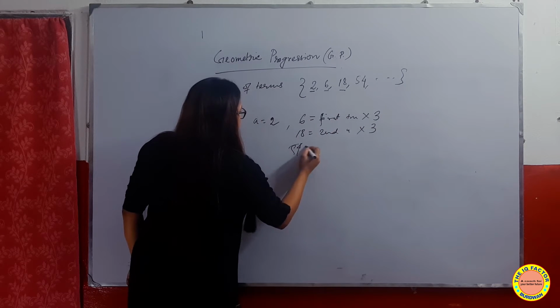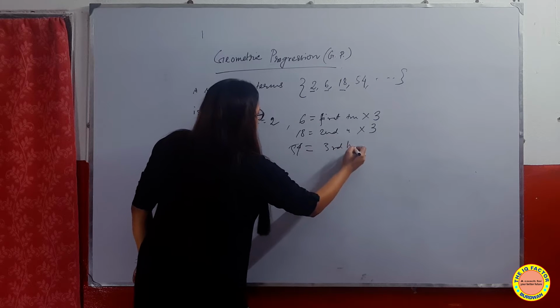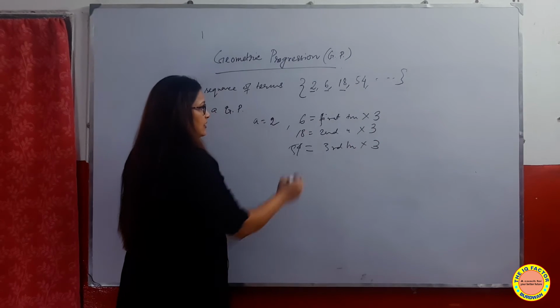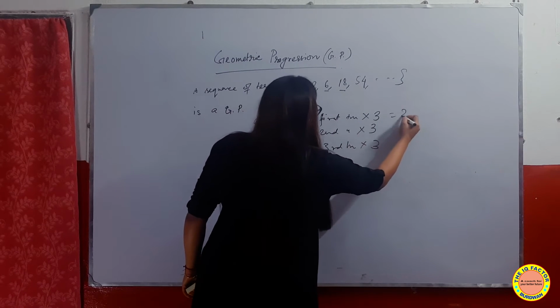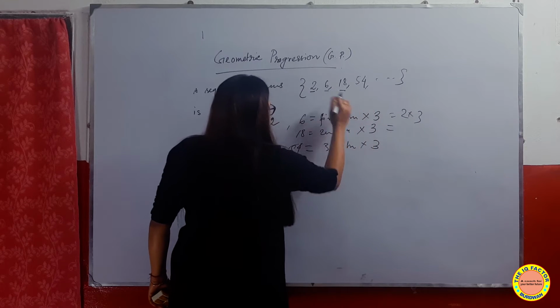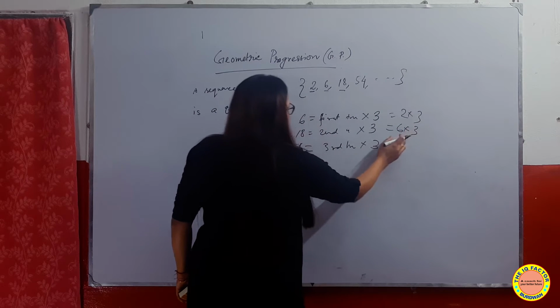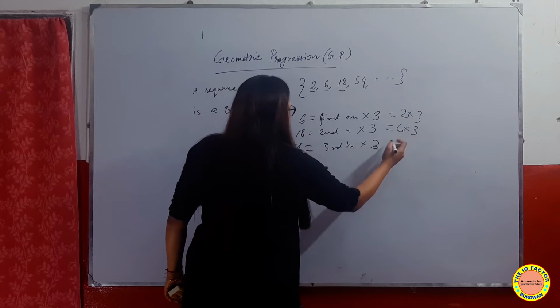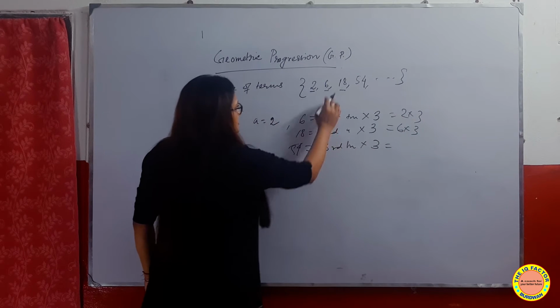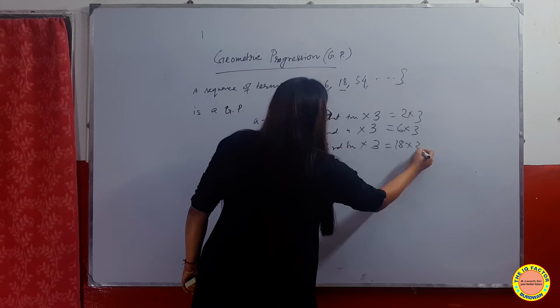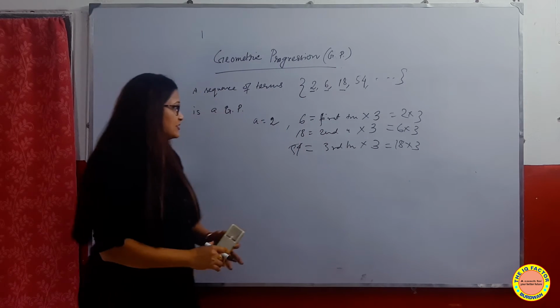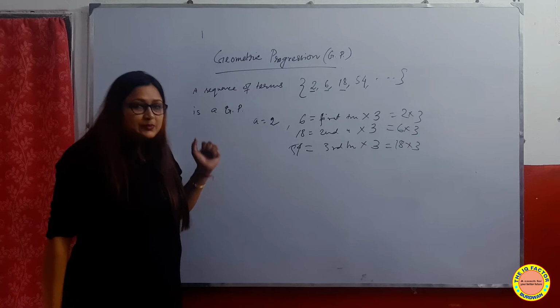Fourth term 54, it is the third term into 3. So it is 2 into 3, it is 6, it is 18, and the third term is 18, it is 54. So it is a GP.